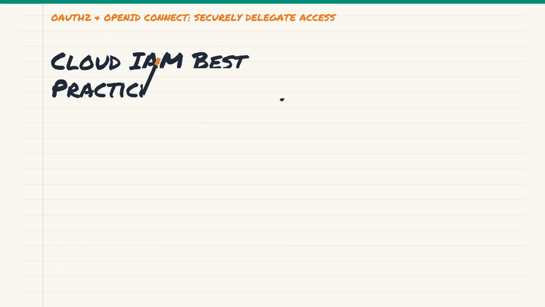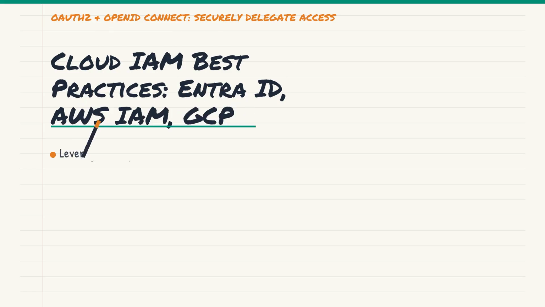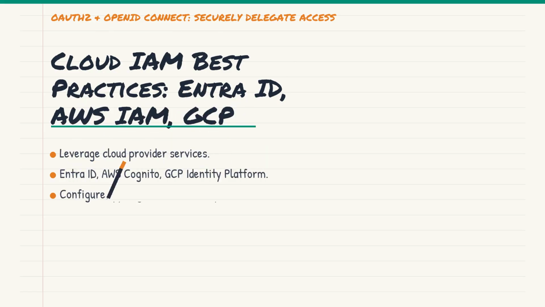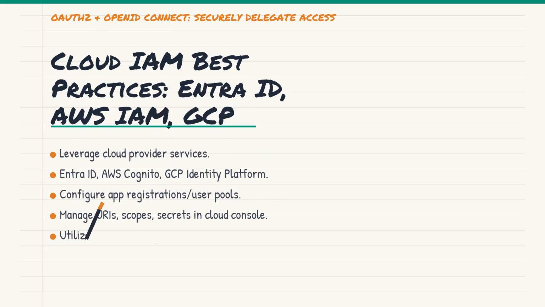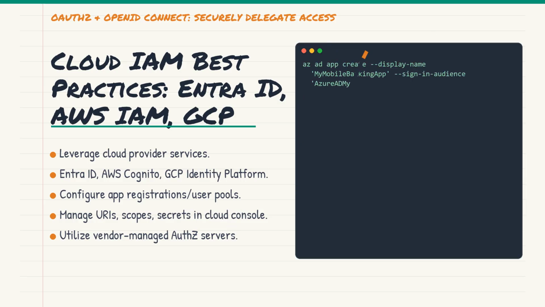When you are working with cloud providers like Microsoft Entra ID, formerly Azure AD, AWS IAM, or Google Cloud IAM, they often provide managed OAuth2 OIDC services. The key is to leverage their built-in capabilities. Configure your applications to use Entra ID's app registrations for OAuth2 OIDC flows, AWS Cognito for user pools and identity federation, or Google's identity platform.